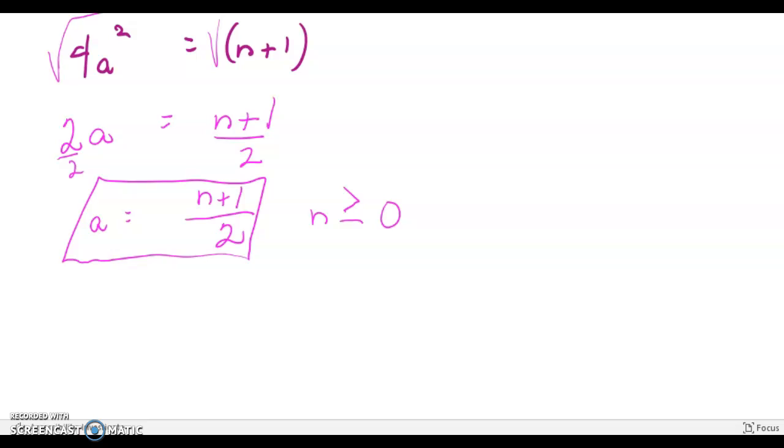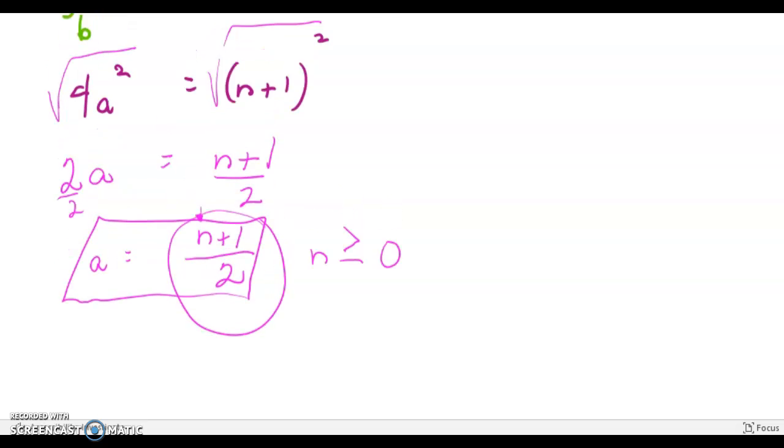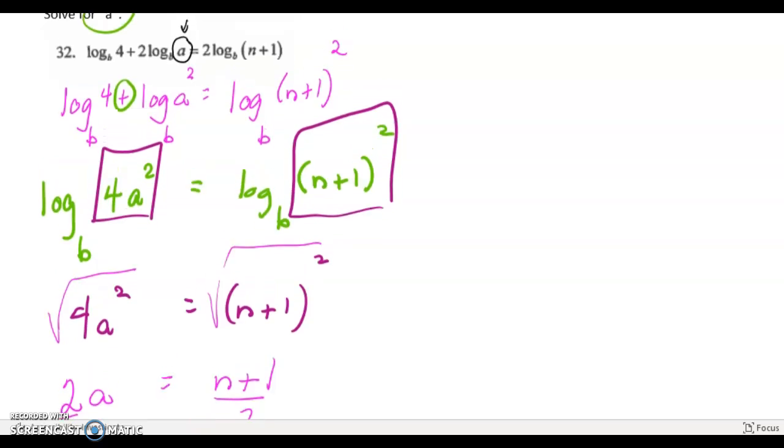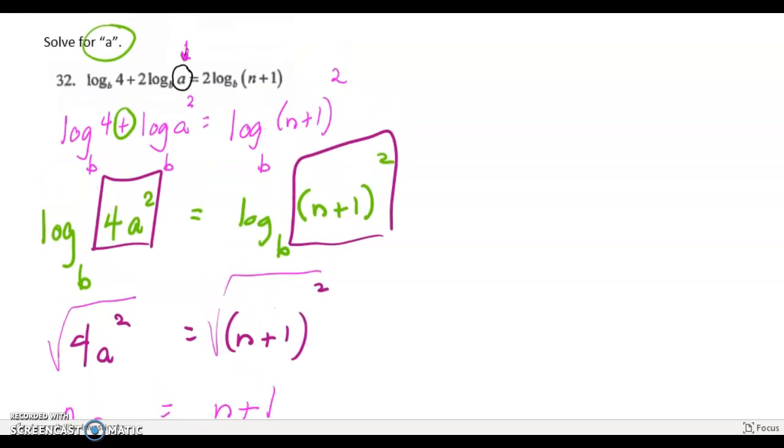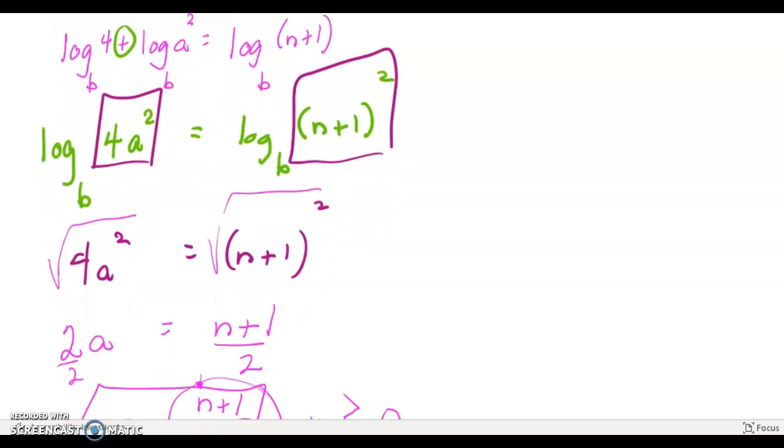If n is greater than 0, that makes this a positive fraction. If n equaled 0, we would end up with 1/2. 1/2 would be fine as long as a is a positive number.